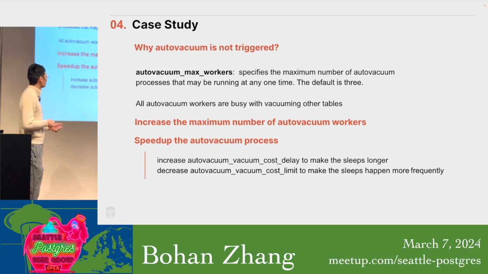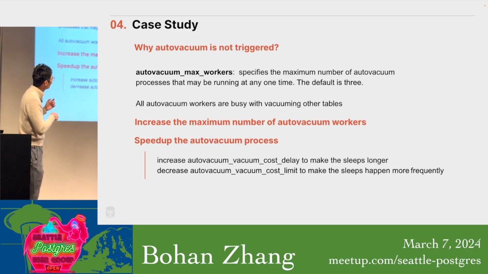So this factor, cost limit, controls the limit. When the cost of auto-vacuum reaches this number, it sleeps for the cost delay. So this one, cost delay, you can increase this.